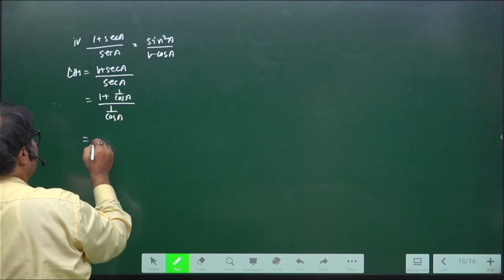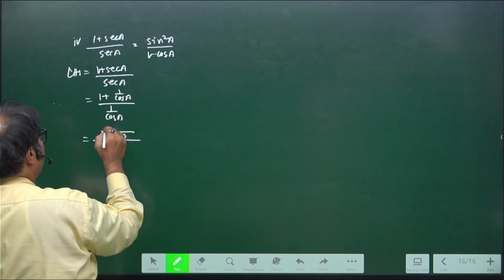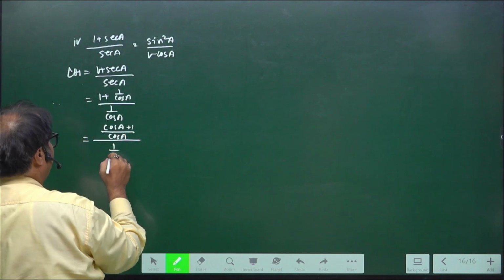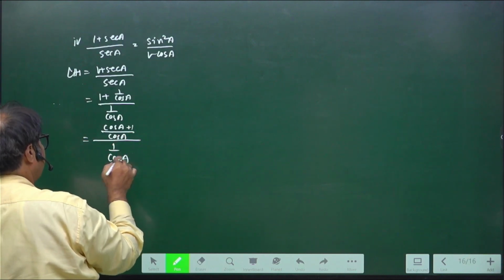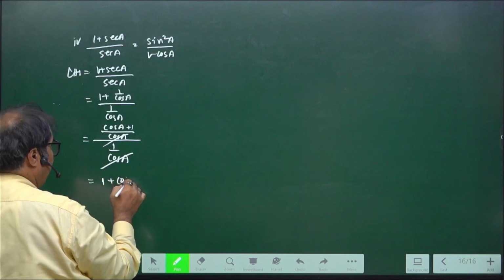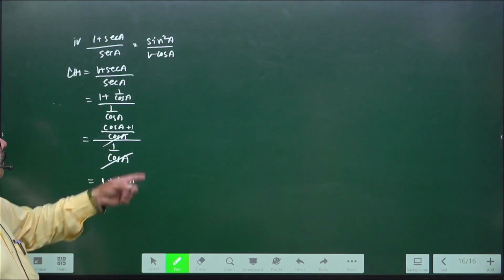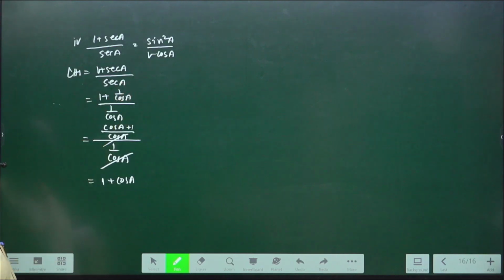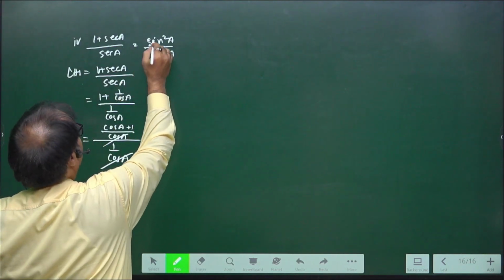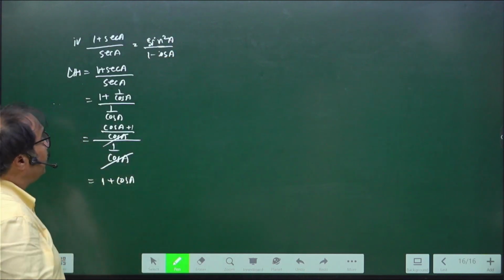Take the LCM in the numerator. So in the numerator the LCM will be cos A. So this is cos A plus 1 upon 1 by cos A. So this and this will cancel out. What is left? 1 plus cos A, right? But in the denominator on the right hand side, what we have to prove is 1 minus cos A, right?